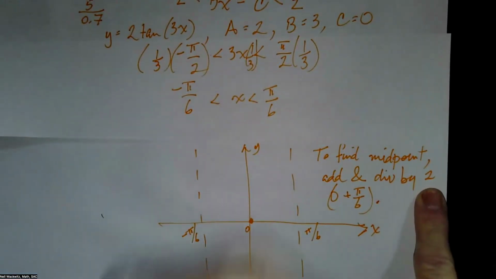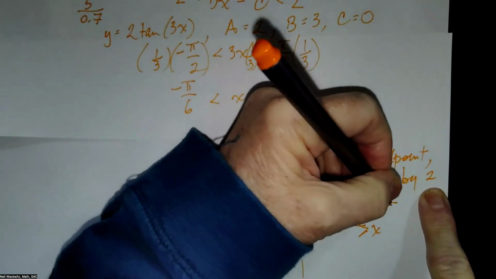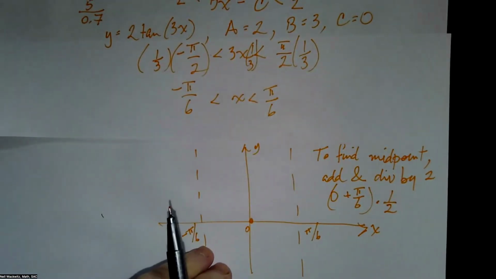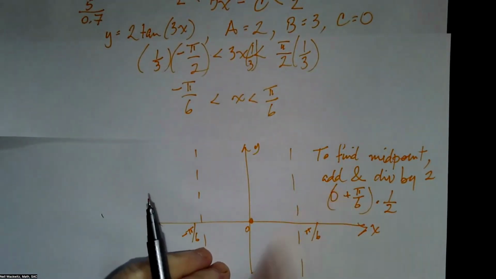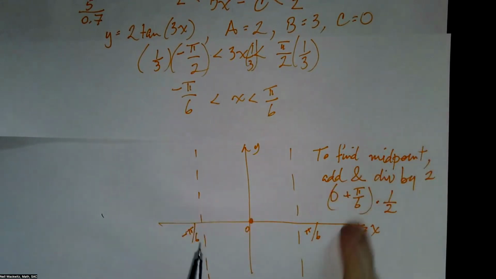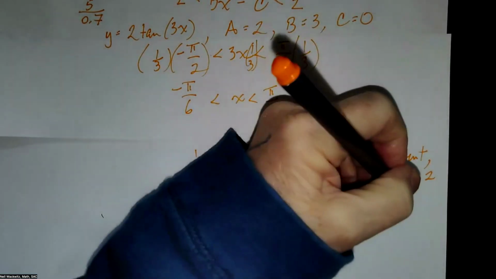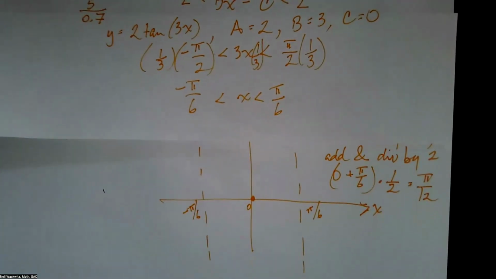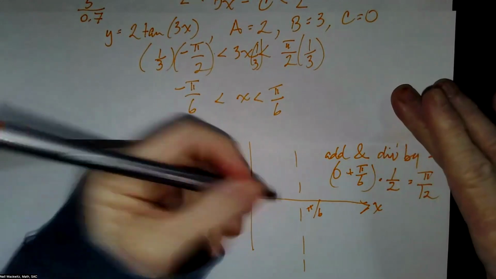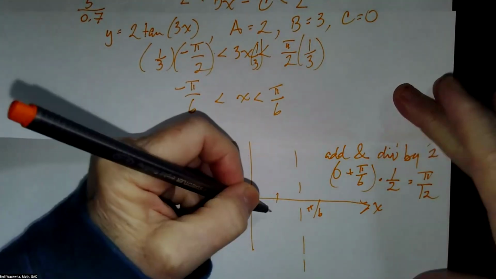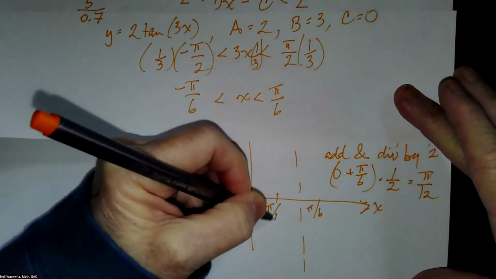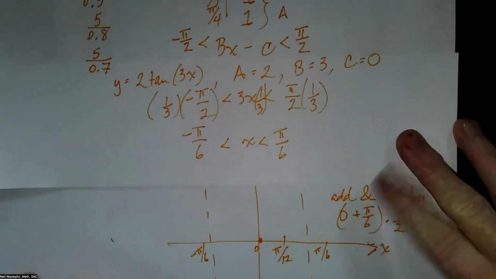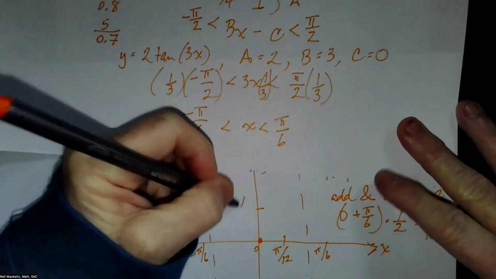We're dividing by 2. That's the same as multiplying by 1/2. 0 isn't there. So now I see that I'm just going to get pi over 12. So this midpoint is pi over 12, and that will give me the value of a.